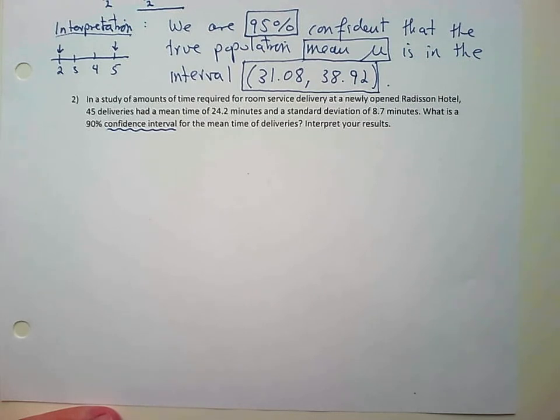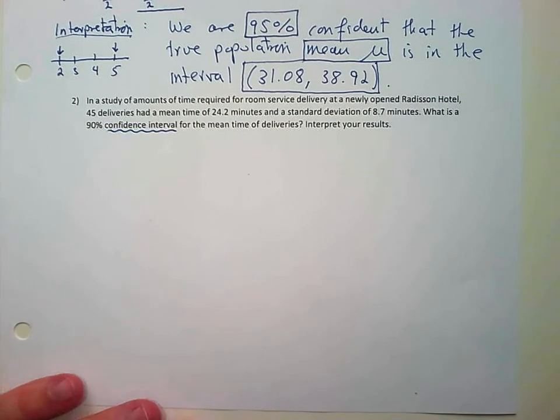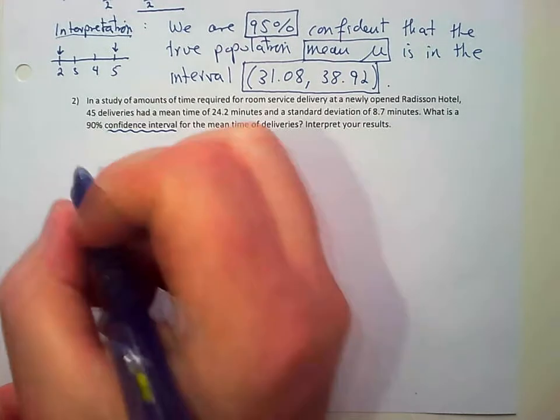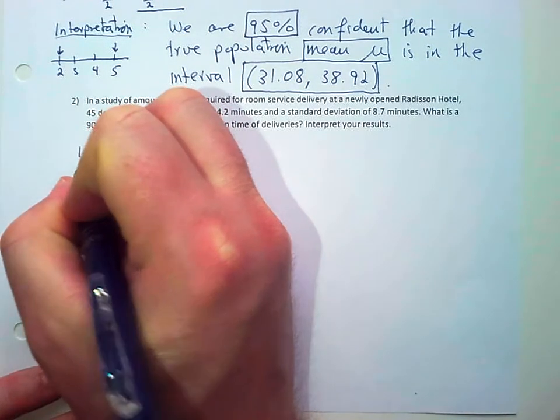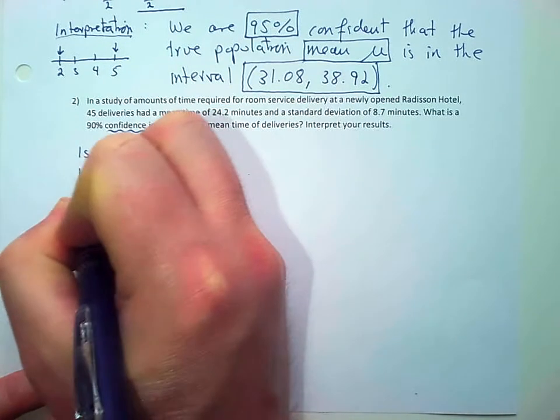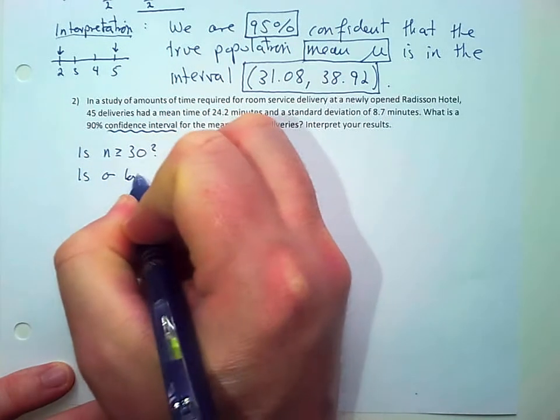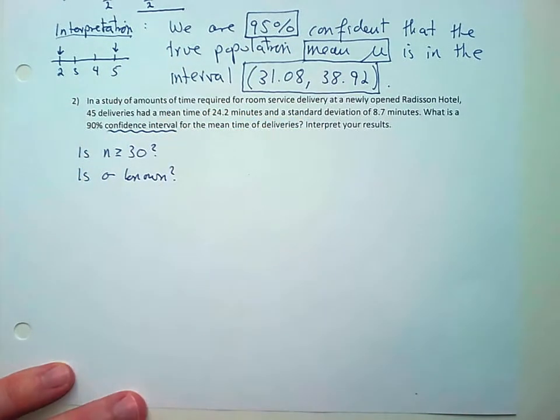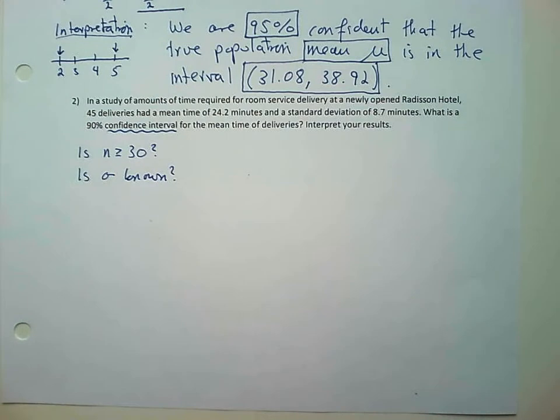And how do we start every Chapter 7 question? The two questions. Is n greater than or equal to 30? And is sigma known? That's how we're going to start off these Chapter 7 questions.